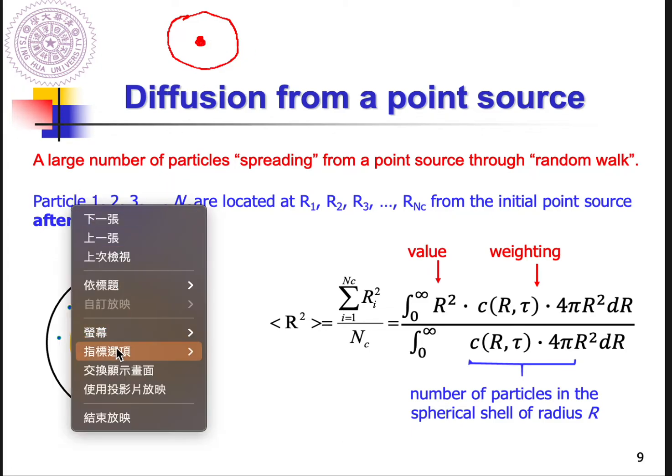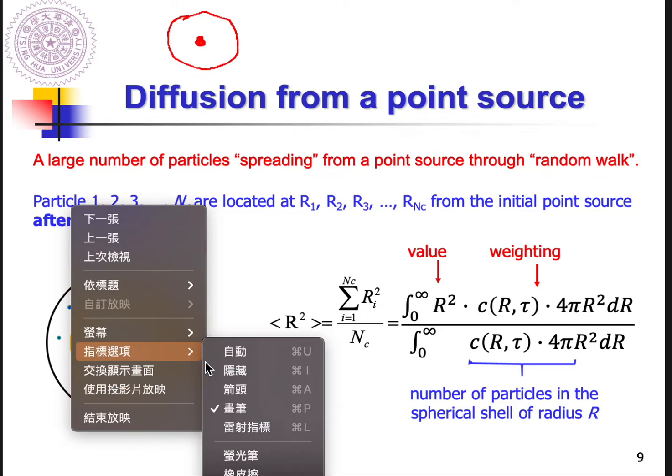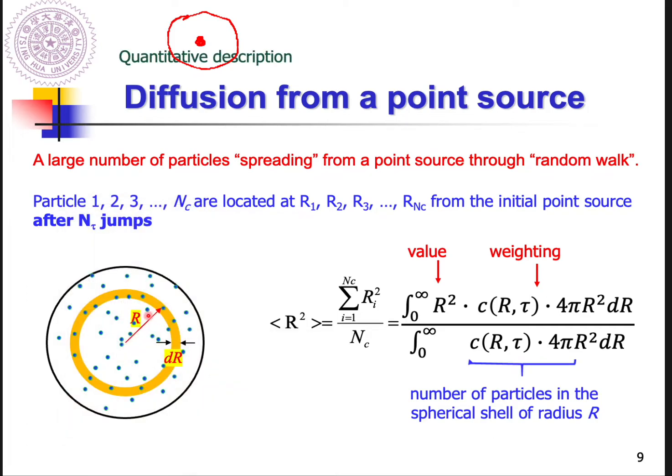After time tau, we observe the distribution of the diffusing atoms like this. This is a large number of particles spreading from a point source through a random walk.